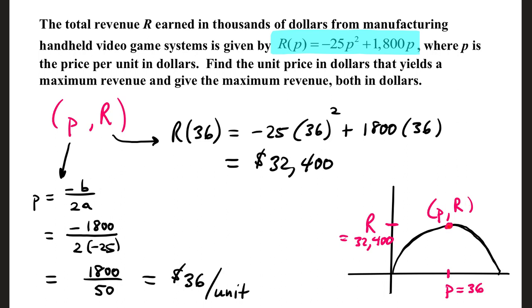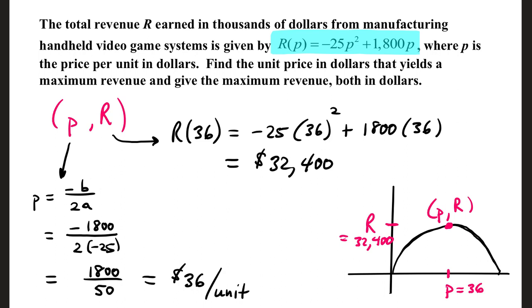Since we're looking for the maximum, we're going to find the vertex of this function. To find the vertex, the ordered pair at the top of the hill, our first number we calculate by using minus b over 2a. A and b will come from your function. B is the linear coefficient, that's 1800, so we have negative 1800 on top.